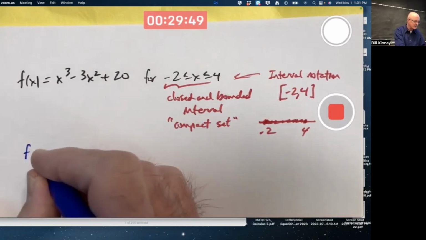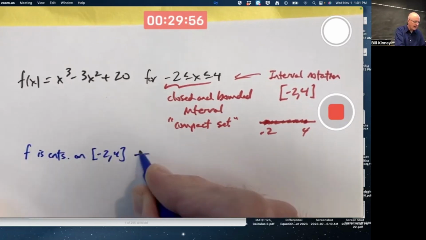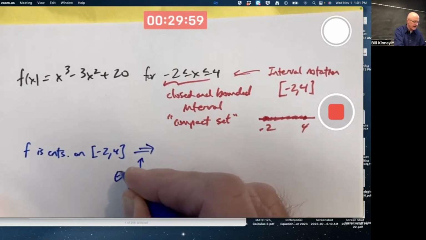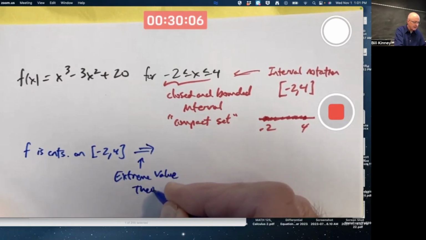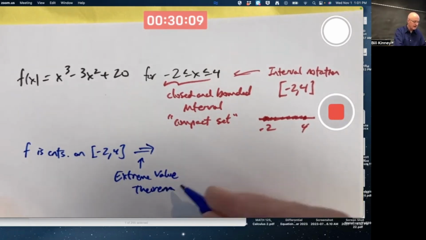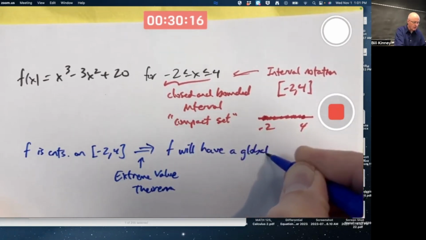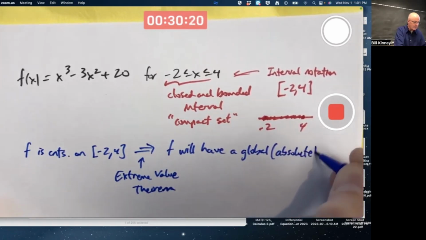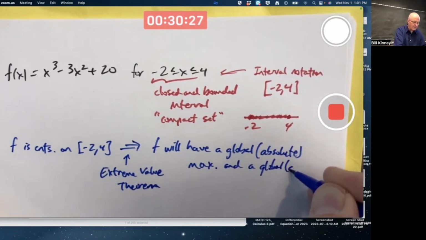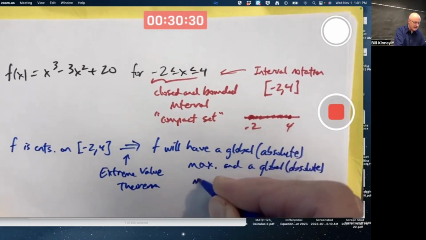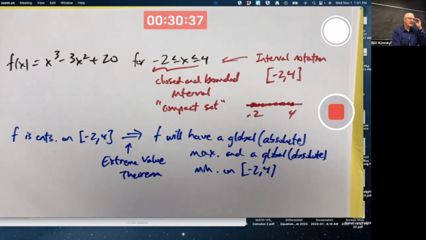The fact that f is continuous on the interval from -2 to 4 implies, by something called the extreme value theorem, extreme value theorem, not the mean value theorem, that f will have a global or absolute max and a global or absolute min on the interval. The extreme value theorem is what guarantees it.